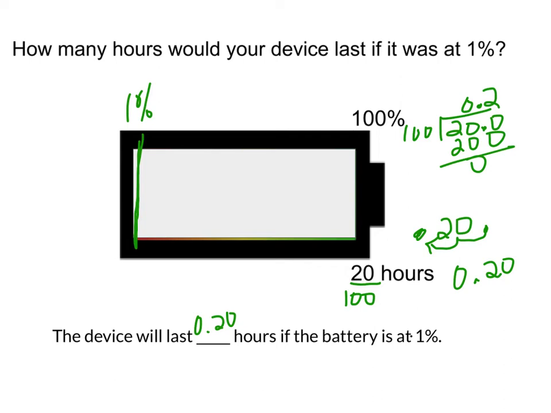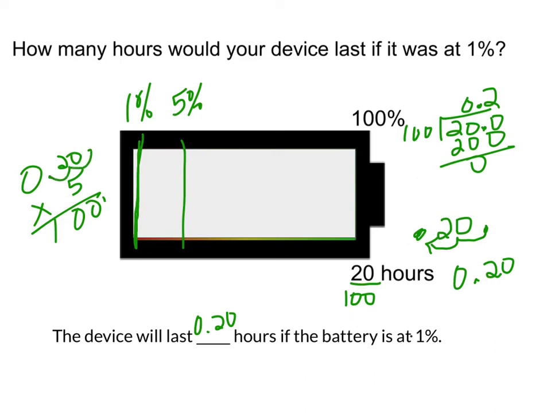So if I wanted, say for instance, 5%, which is not there, but I'm just making it up, what I would need to do is 0.20 times 5. So that's going to be 0, 5 times 2 is 10. So I have 2 decimals, 1, 2 decimals.